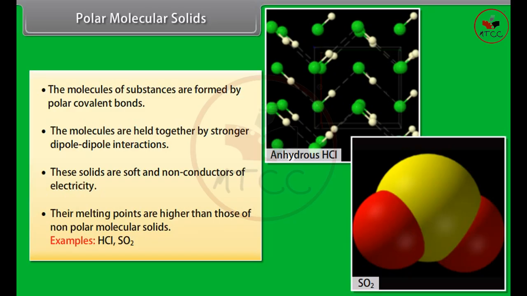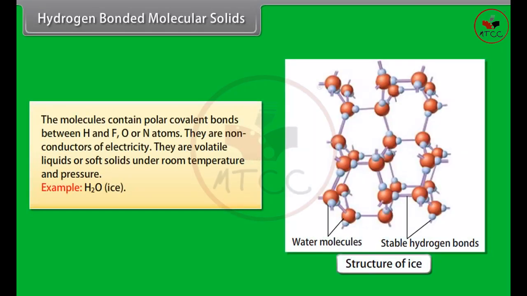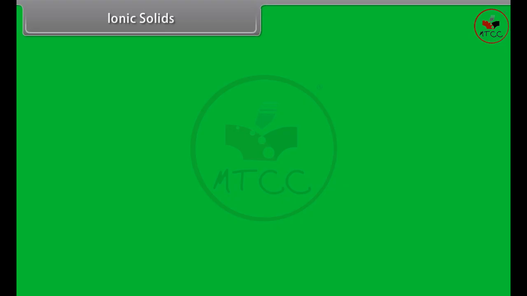Examples: HCl, SO2. Hydrogen-bonded molecular solids. The molecules contain polar covalent bonds between H and F, O, or N atoms. They are non-conductors of electricity. They are volatile liquids or soft solids at room temperature and pressure. Example: H2O, ice.